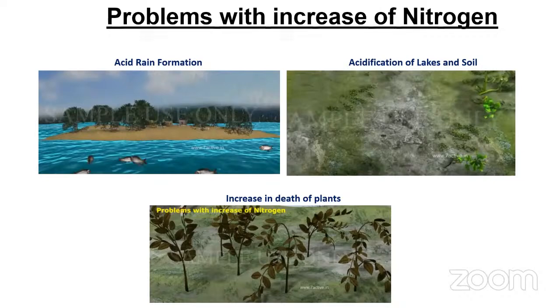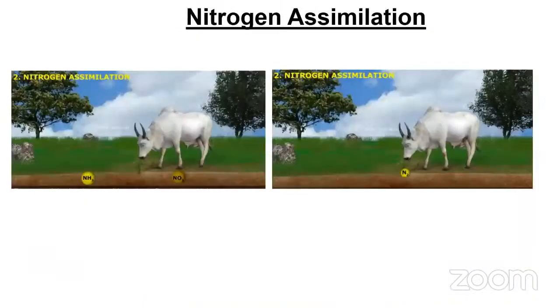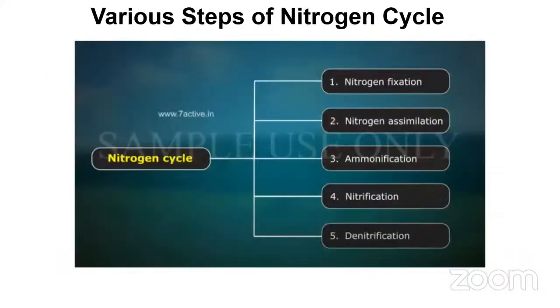Then we studied the different steps in the nitrogen cycle. Let's see once more what all the steps are. Nitrogen fixation first, then nitrogen assimilation, then ammonification, then nitrification, and then denitrification.